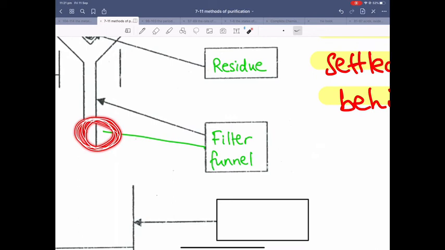There can't be any gaps. Otherwise, you're not really labeling the filter funnel. You're labeling the air around the filter funnel, and you will lose a mark for it. So be very careful about that point. Make a note of it if you want to.